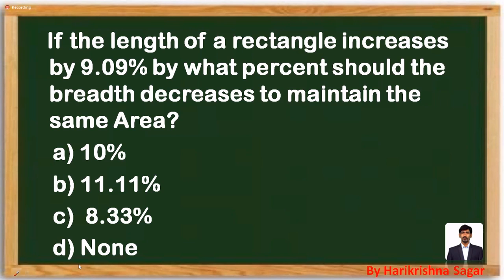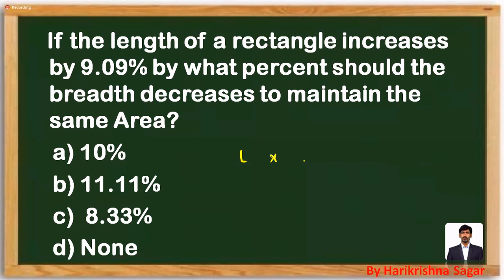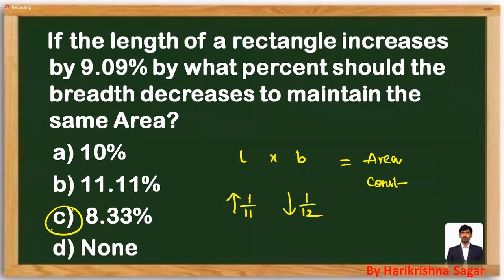So let's mark the answer directly and move on to the next one. So length into breadth is equal to area. He said area is the same. That means area is constant. Length is increased by 9.09, that means 1 by 11. 1 by 11 increase will result as 1 by 12 decrease. That is 8.33. Mark it as the answer choice.